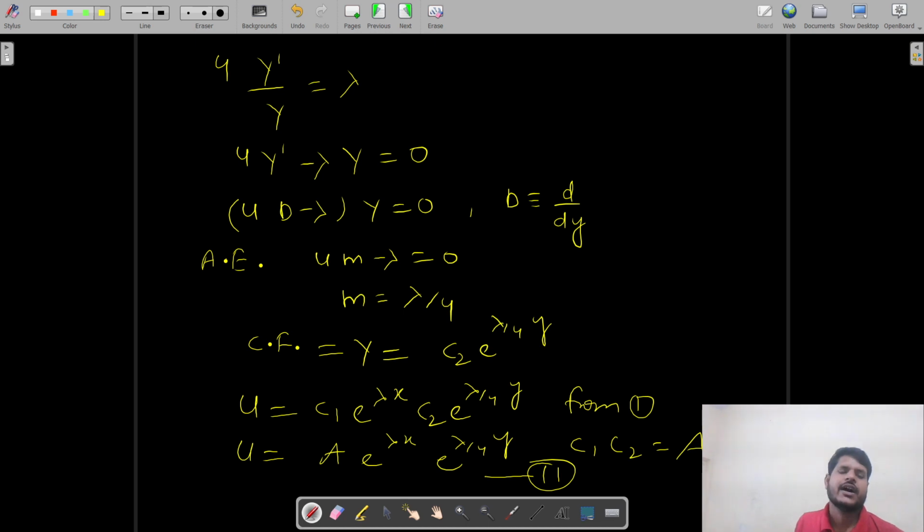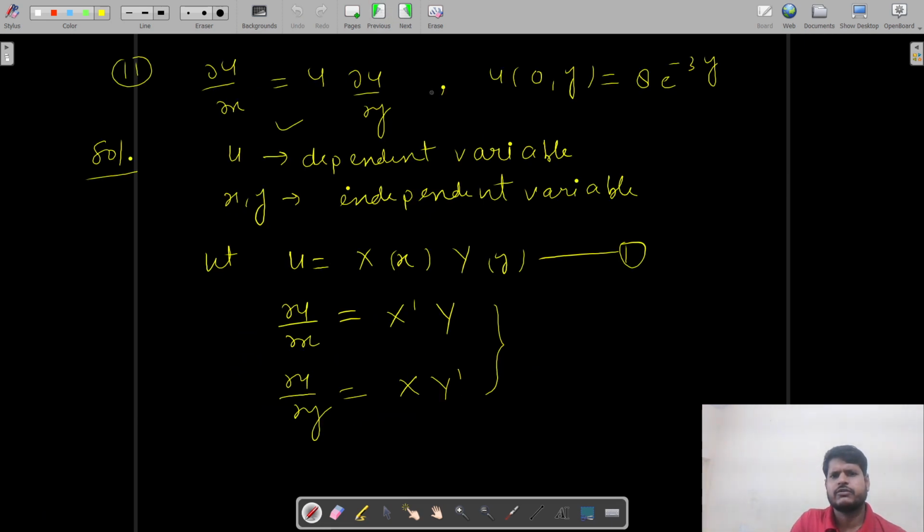Now here again you have to apply the boundary conditions. We have this equation: u of 0 comma y is equal to 8 e raised power minus 3y.